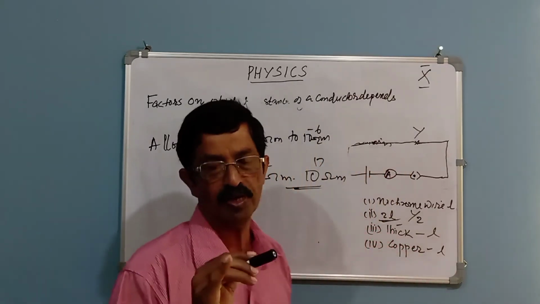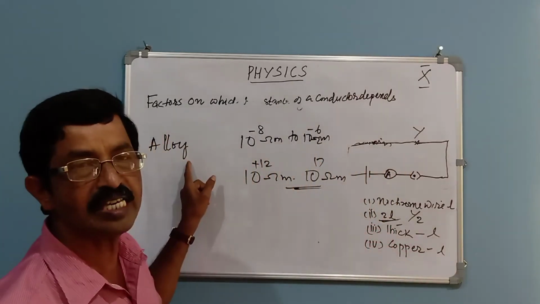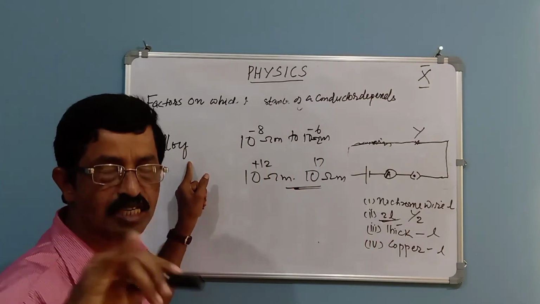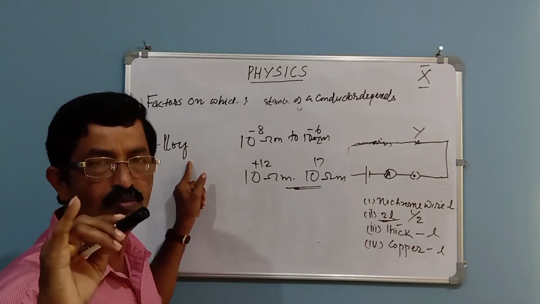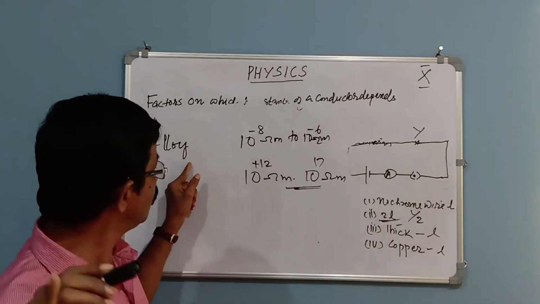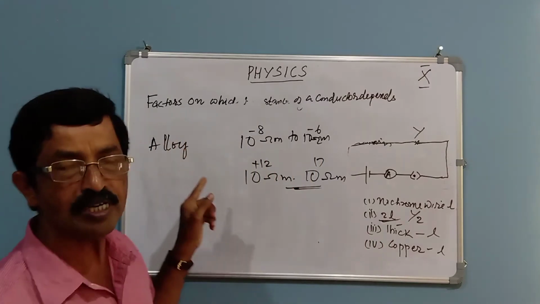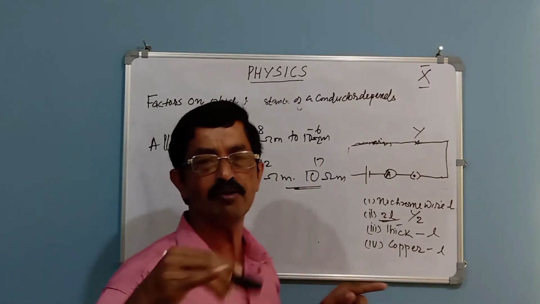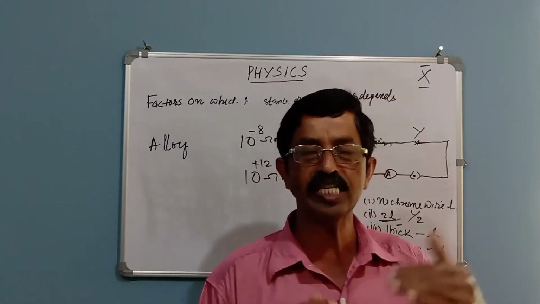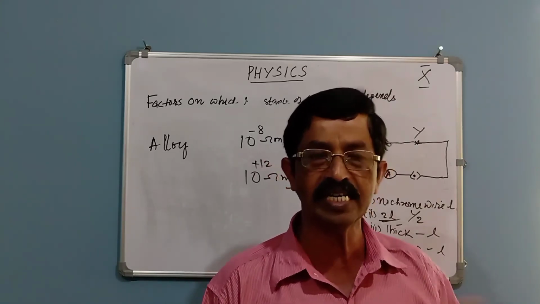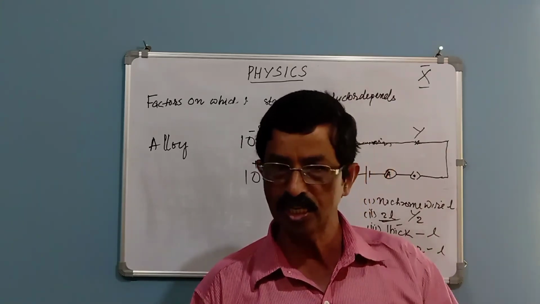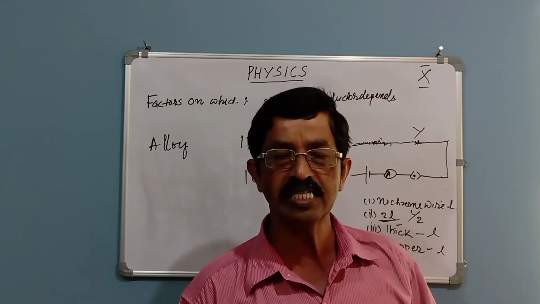Its resistivity is higher than that of nickel, chromium or iron. One more property is that its melting point is also high, so it does not get oxidized readily at a high temperature.